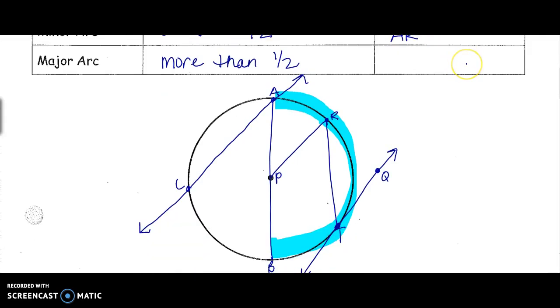And a major arc is more than half. So we would bring this continuing around to another point that would show more than half of the circle. So this would be A, our starting point, somewhere in the middle, let's say T, and our ending point C. And that's how you would name your major arc.